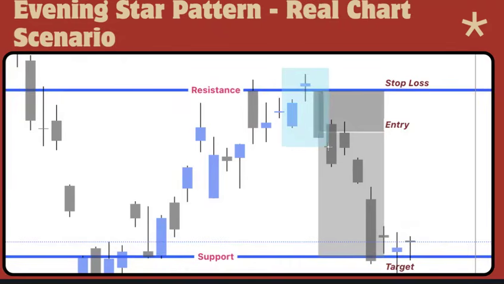So this is your evening star. You enter at the pullback. Your stop loss will be at the low of the indecision candle and your target is your support area.